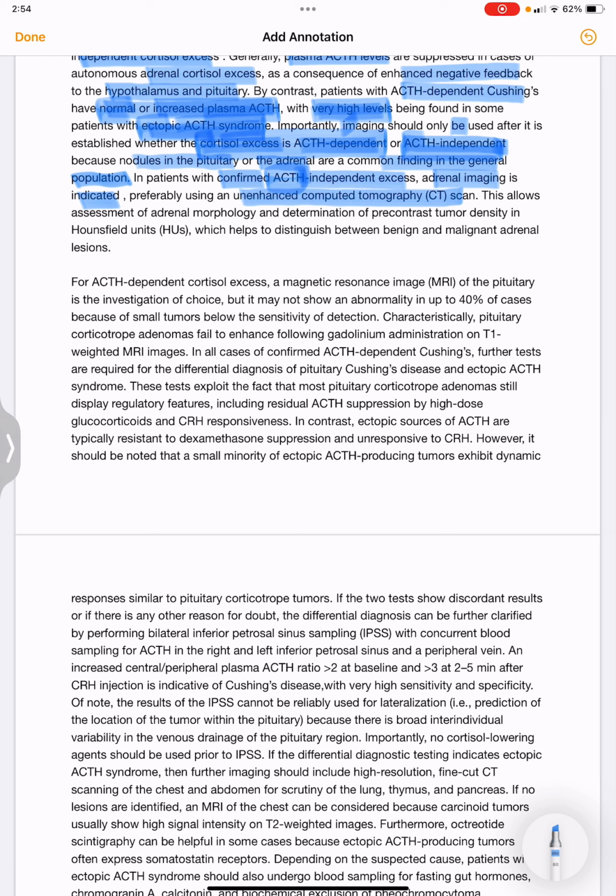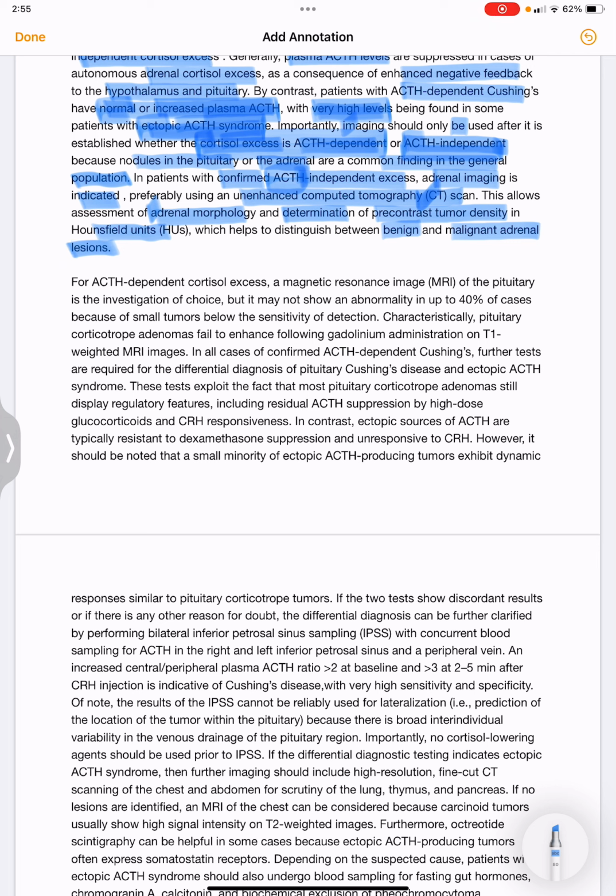The unenhanced CT scan allows assessment of the adrenal morphology and determination of the pre-contrast tumor density in Hounsfield units. This will help to distinguish between benign and malignant adrenal lesions.